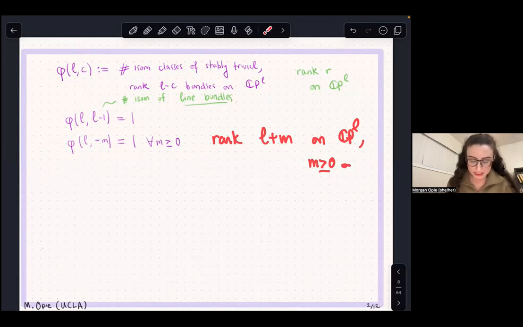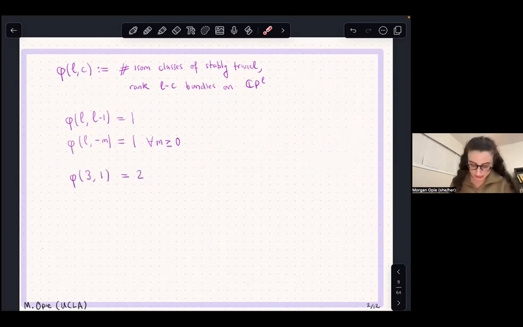In particular, there is exactly one bundle of rank greater than the dimension of CP^L which is stably trivial, and that's just the trivial bundle. So these are the uninteresting cases. The interesting regime is therefore when 1 is strictly less than the co-rank, which is strictly less than L. Yes.